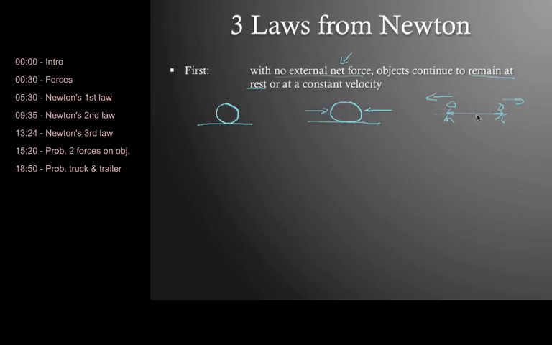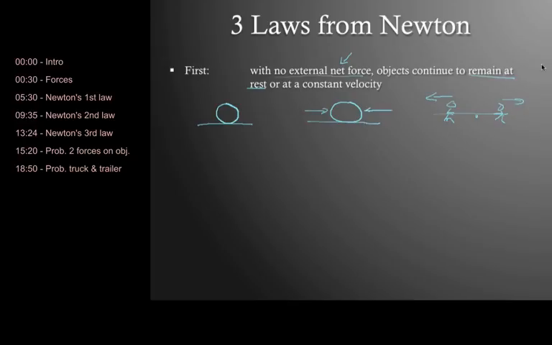You can watch the little flag here, and nothing is moving either way until one of them starts pulling a lot harder, or gets tired, and then the system will start to move. So as long as the forces are equal, the object will not move. The net external force means that this has to be unbalanced in some way. And that can be the case of the tug of war too.